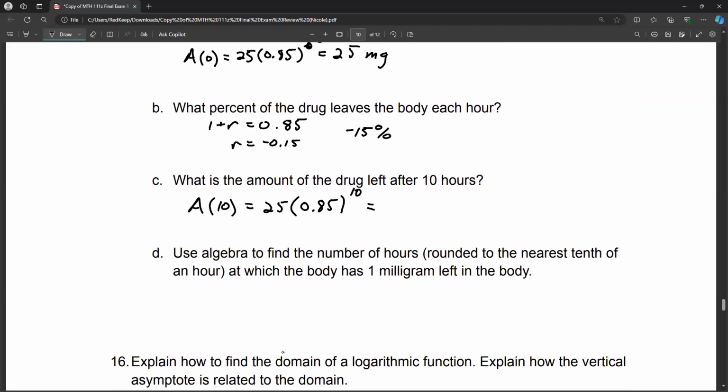Using your calculator, I got a long decimal, so I'll write maybe the first 2 digits, and then I could round this to 1 decimal place. I would say something to the effect of there will be 4.9 milligrams after 10 hours.